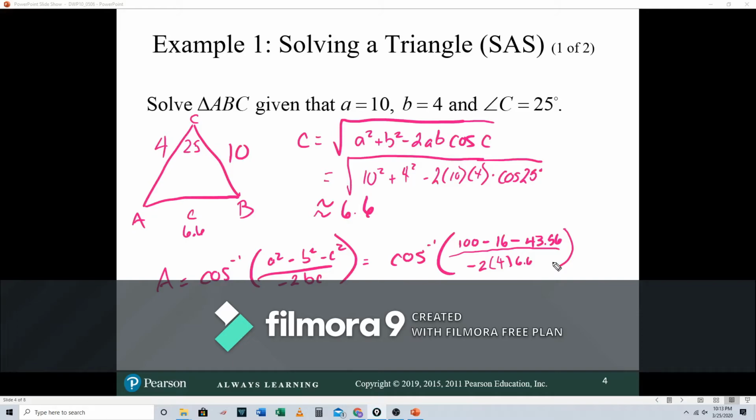So I'm going to put in the whole thing, 6.5951, over negative 2 times 4 times 6.5951.